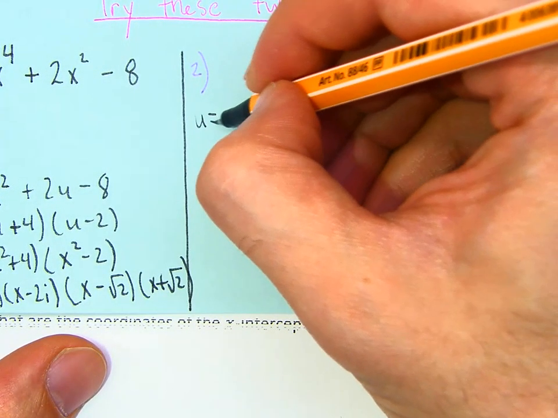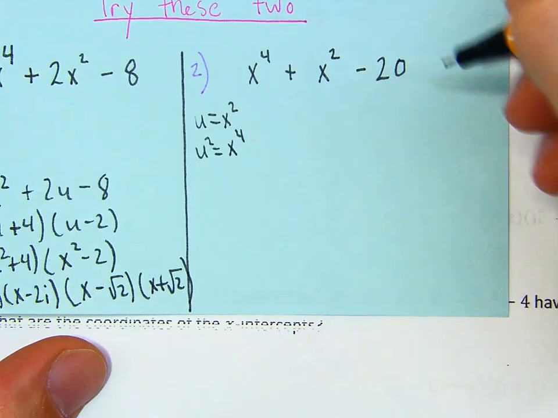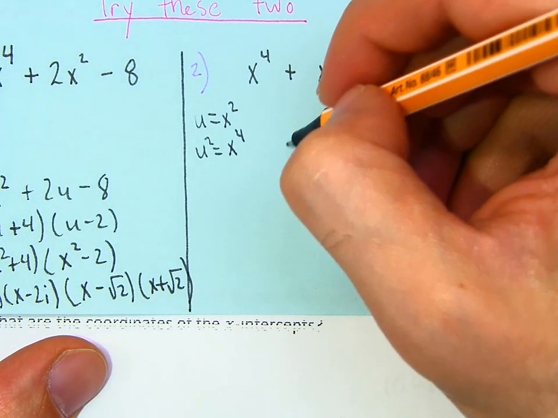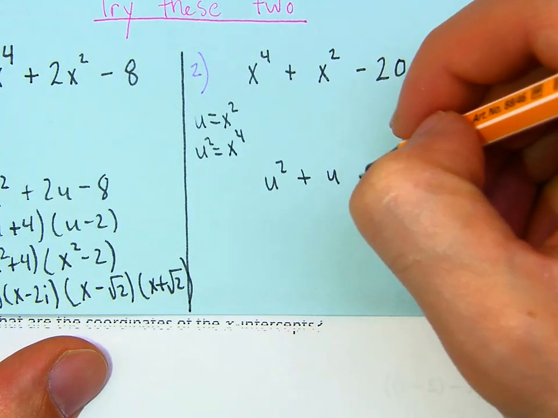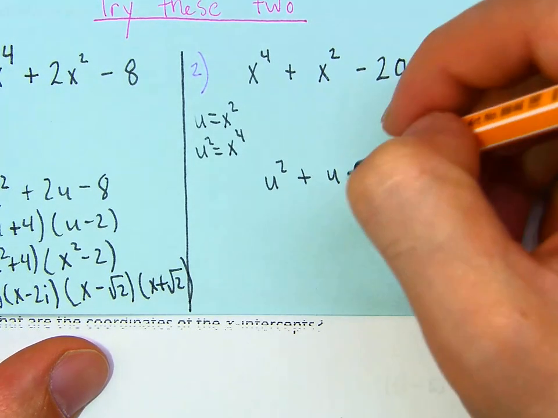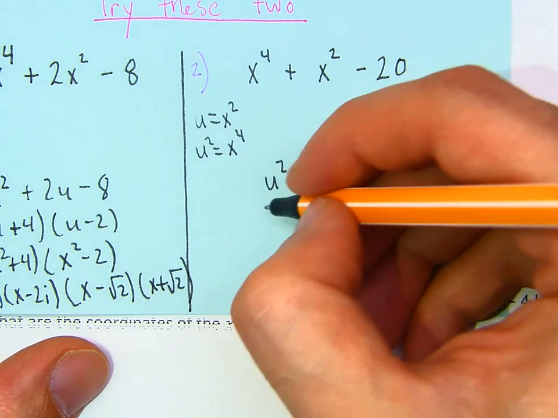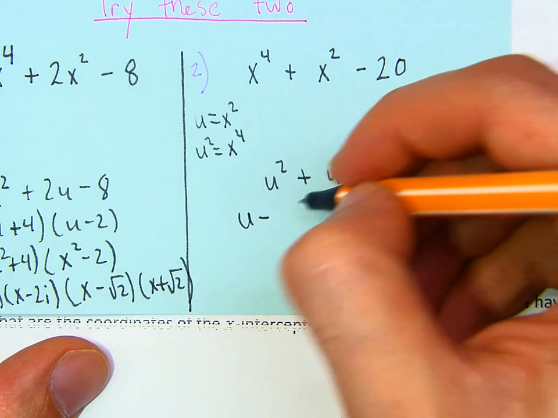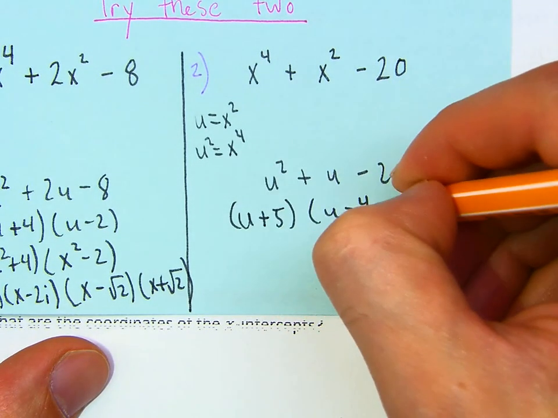Same idea. u equals x squared. u squared equals x to the fourth. So then this becomes u squared plus u minus 20. But then how does this factor? What two numbers when you multiply give you negative 20, but when you add give you positive 1? It's u plus 5, u minus 4.